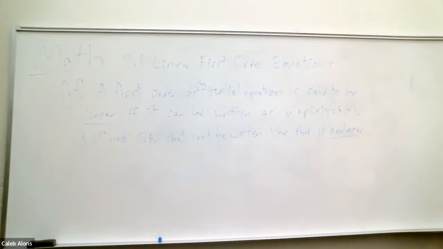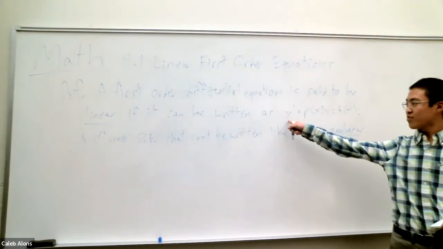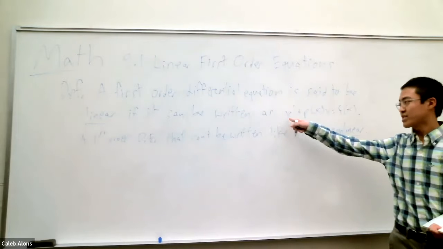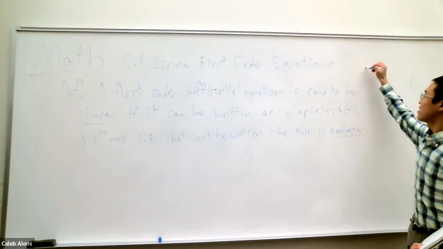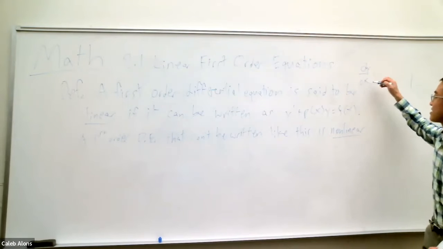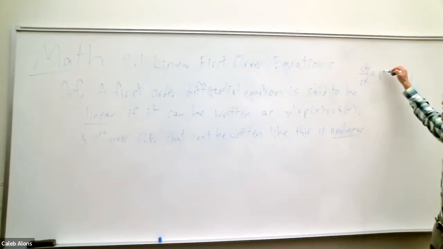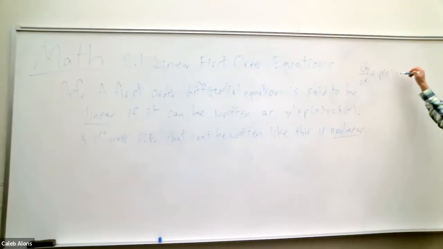Okay. Can you clarify what that equation is? So y prime is a derivative, it's dy dx. You could write it like this: dy dx plus a function p with respect to x times y equals f.